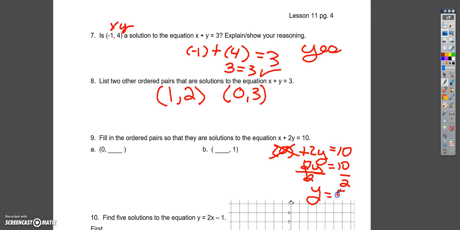Or you can think to yourself, what times 2 equals 10? 5. If this was 1, we have x plus 2 times 1, which is 2. x plus 2, what plus 2 equals 10? 8.